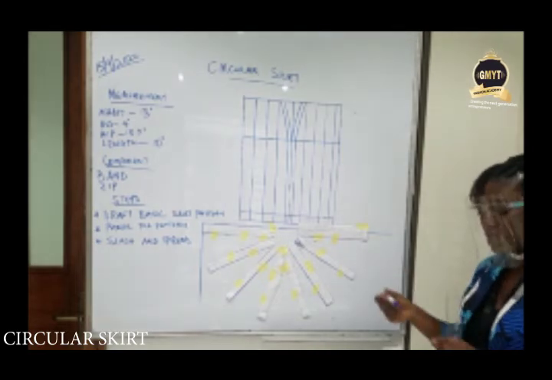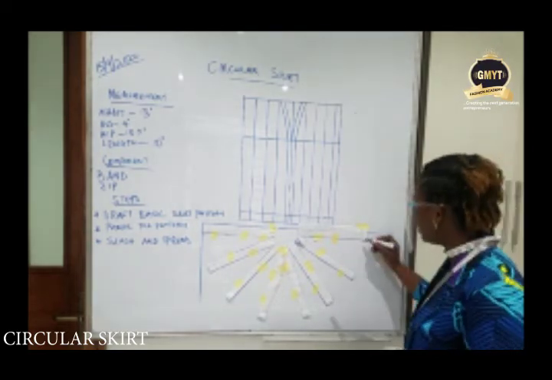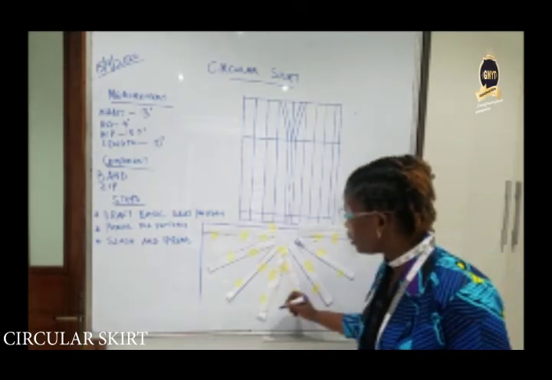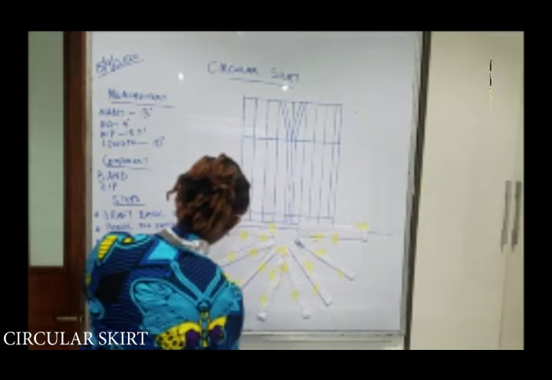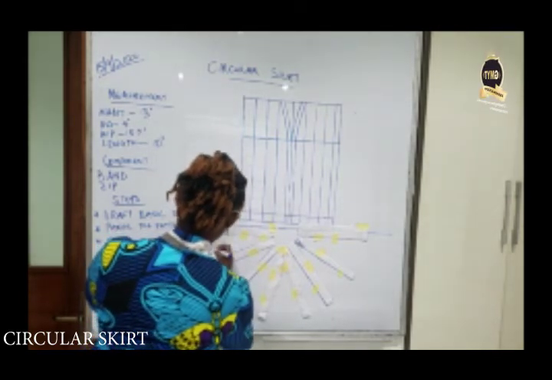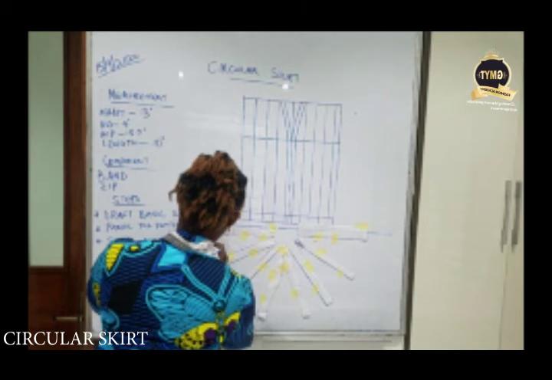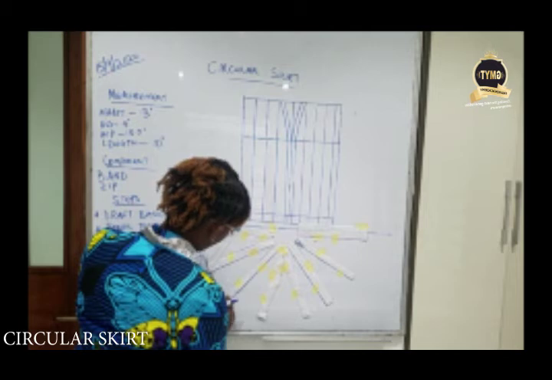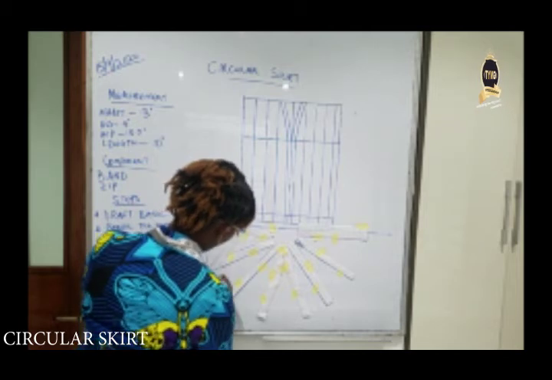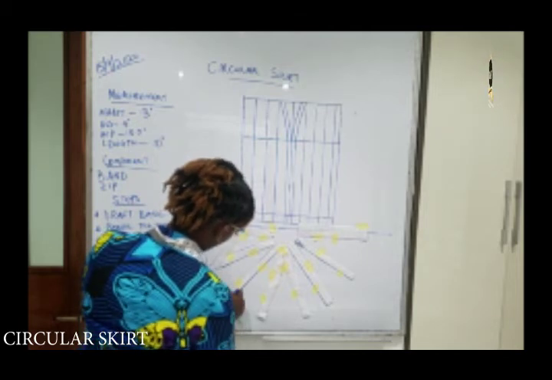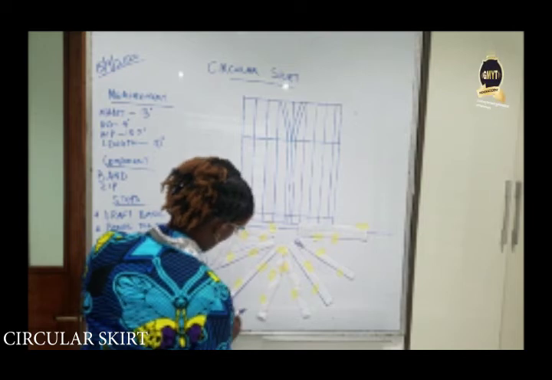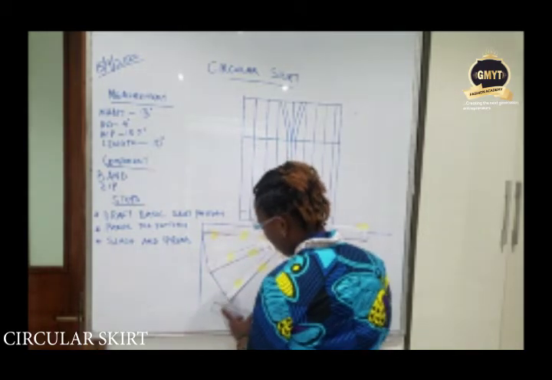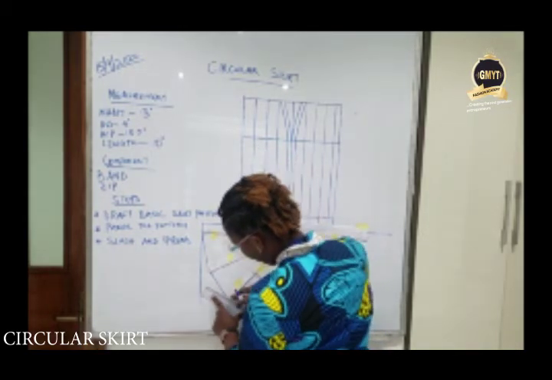So after you've done that and you are done with your spreading, you can now blend the hem with either your curve or ruler. Just blend the hem like that. So you blend your hem all the way.